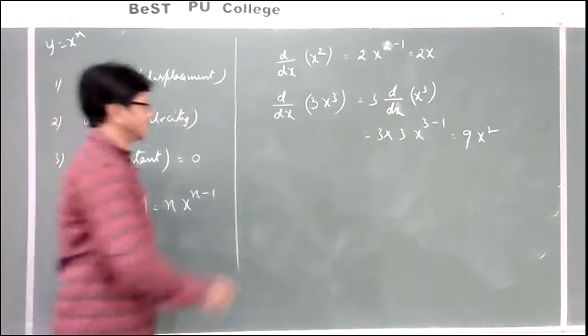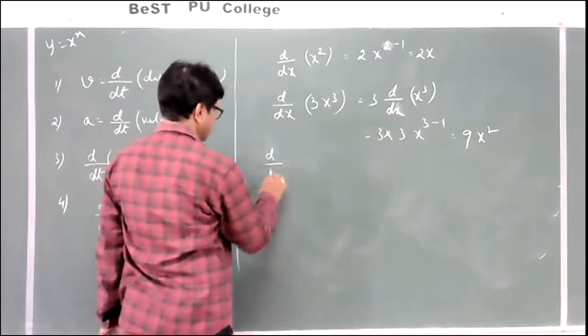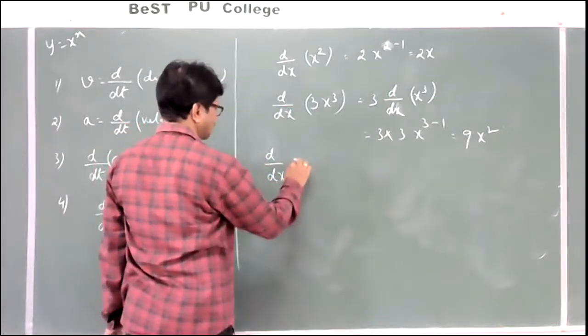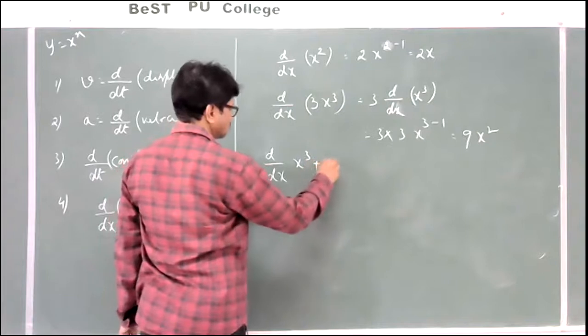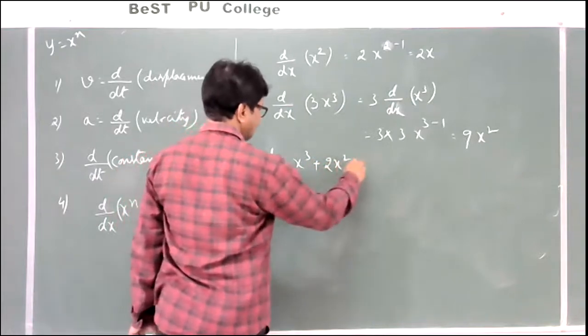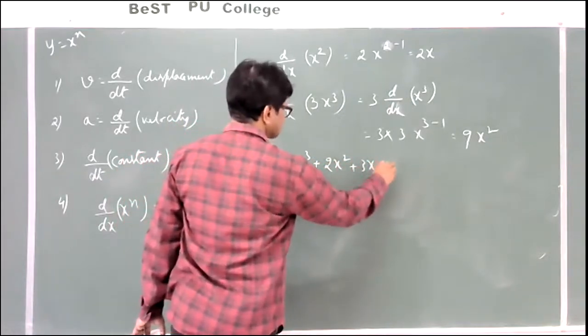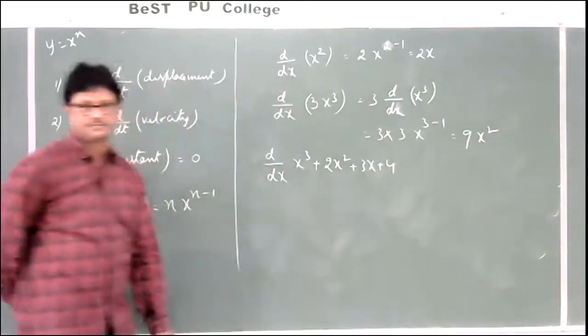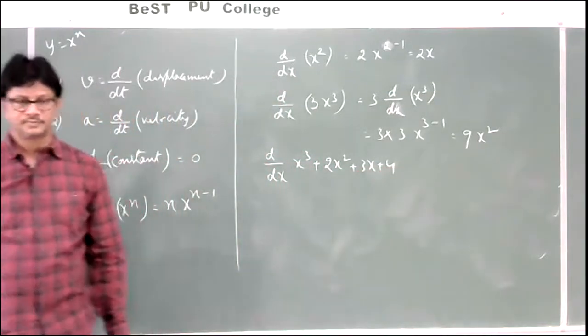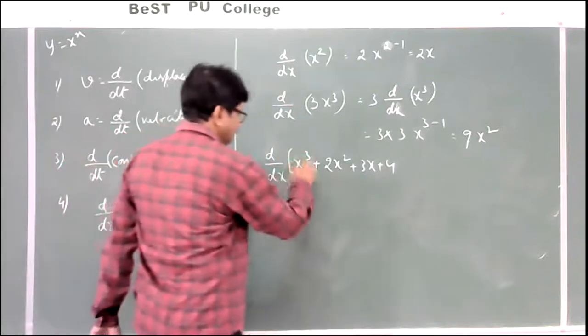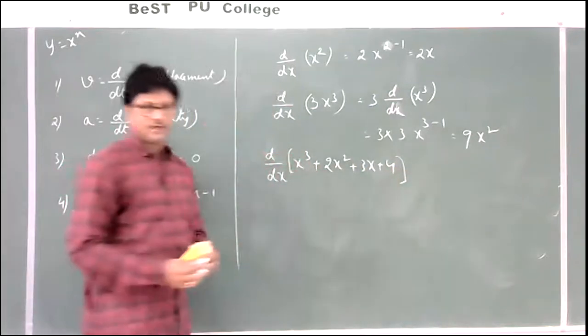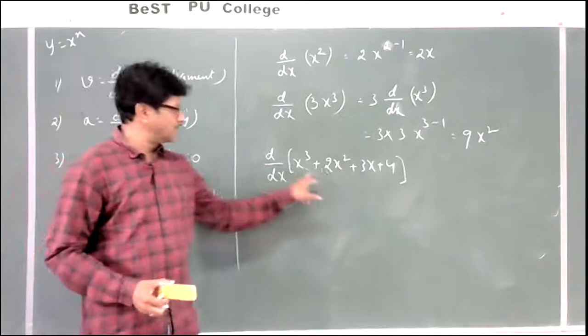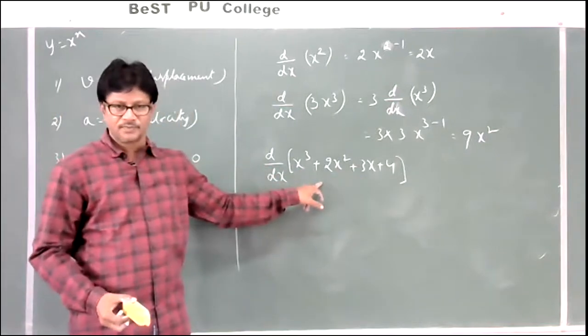ನೆಕ್ಸ್ಟ್ ಅದೇ ಬೈ ಚಾನ್ಸ್ ಹೆಂಗಿದ್ರೆ d by dx of x cube plus 2x square plus 3x plus 4 ಎಷ್ಟಾಯ್ತಪ್ಪ? ಅವ್ರು ಏನು ಕೊಟ್ಟಿದ್ರೆ ಇವಾಗ y is equal to ಇಷ್ಟು ಅಂತ ಕೊಟ್ರೆ ಈಕ್ವೇಶನ್.